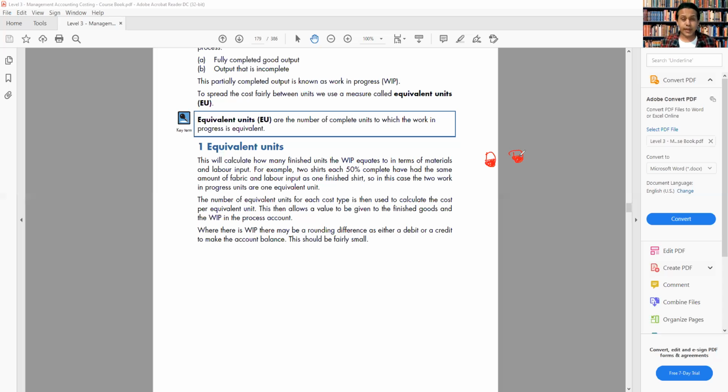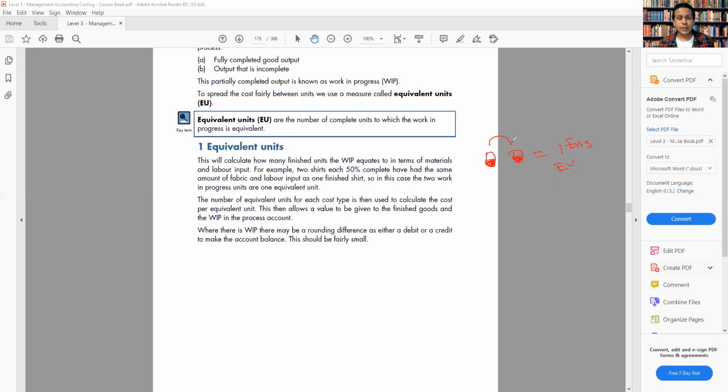If I say these two eggs are equivalent to one egg, EU, equivalent unit, is exactly the same thing, because both are half. If I add both, that is equivalent to 1. This is the reason we use the word equivalent. Equivalent means it is like.